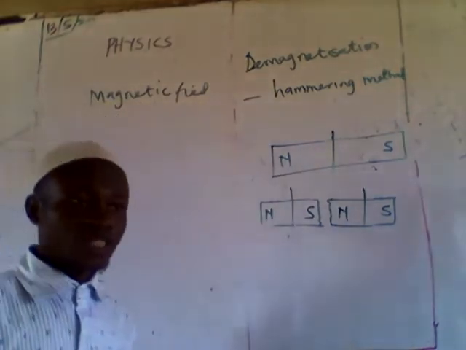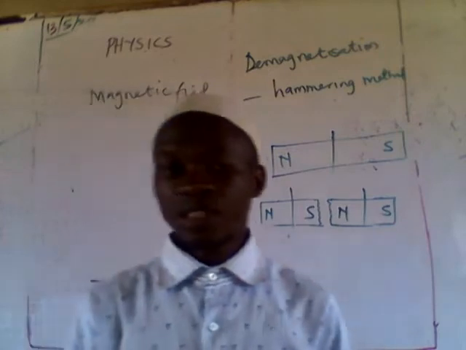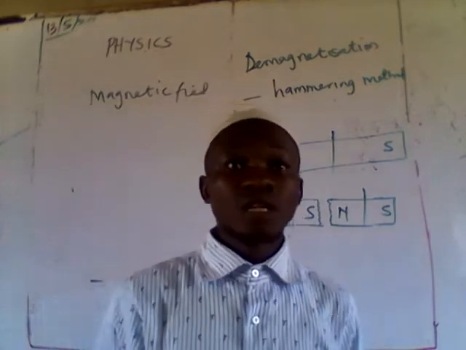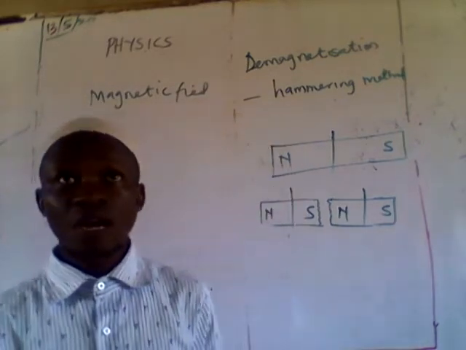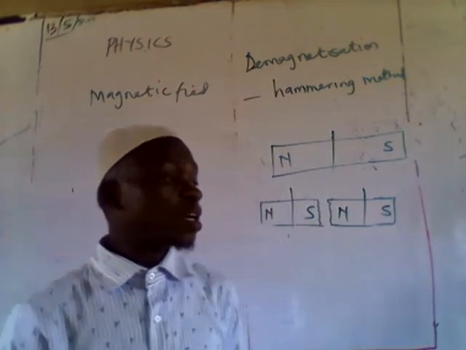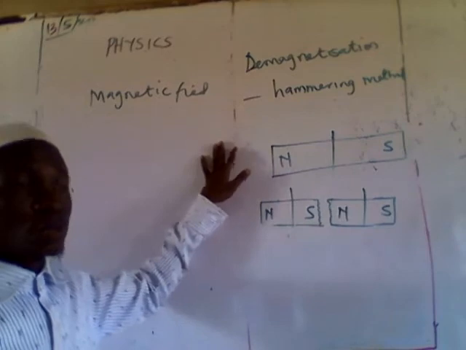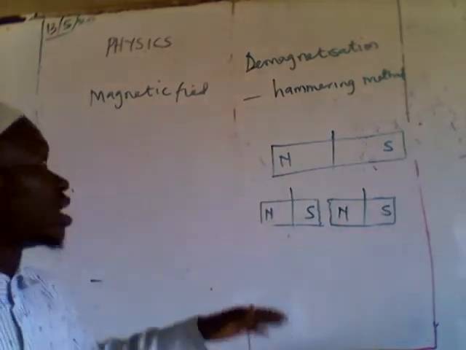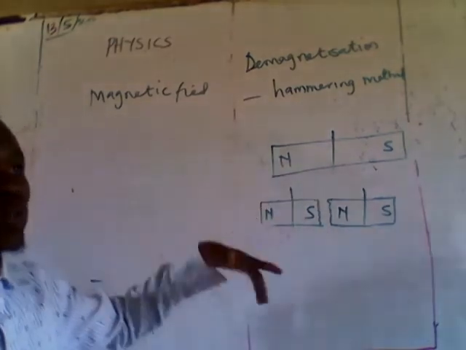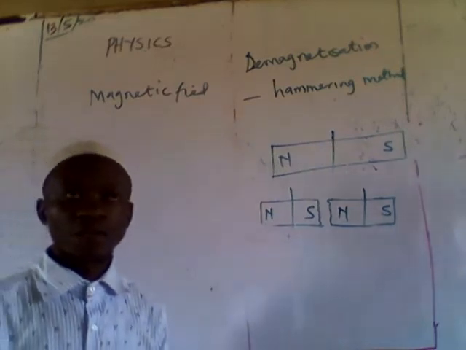In physics, if you hear of a field, don't think of a normal football field. In physics, a field is a region where the effect of some physical agencies can be felt or detected.